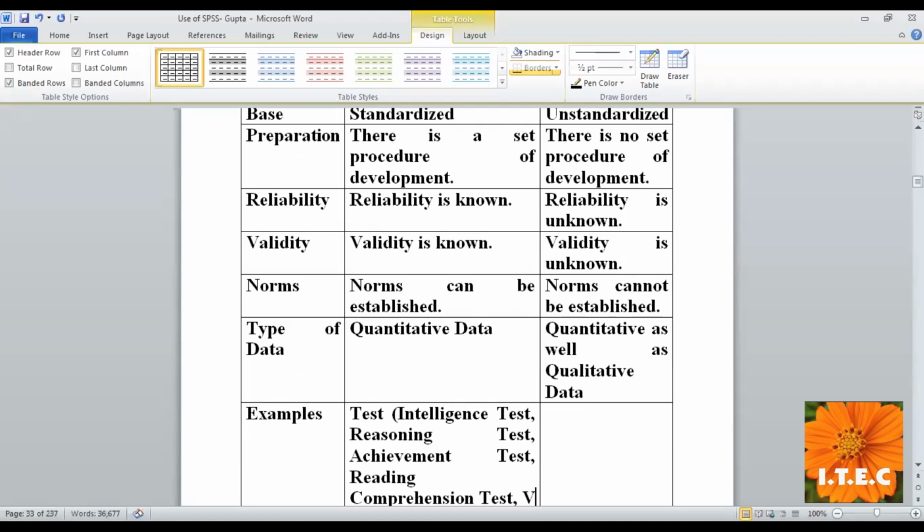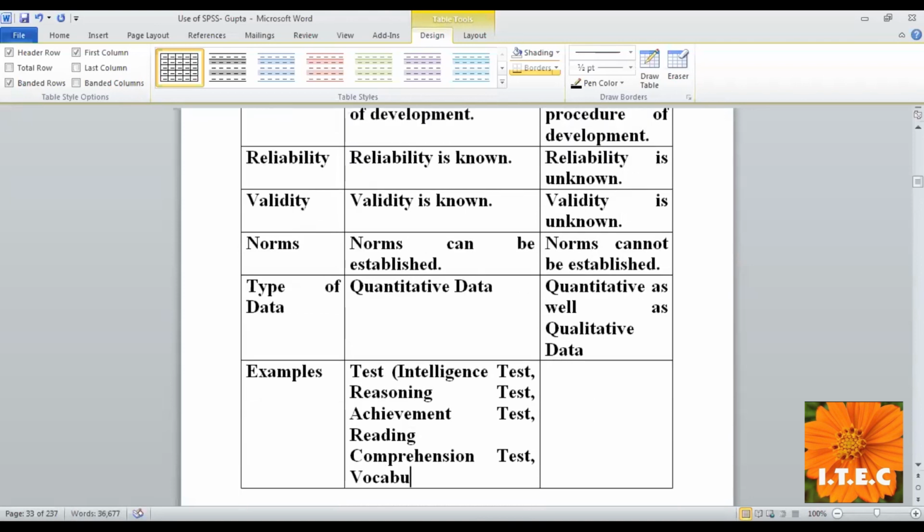Vocabulary test. So like this, you have different tests. Aptitude test. So like this, there are many tests.